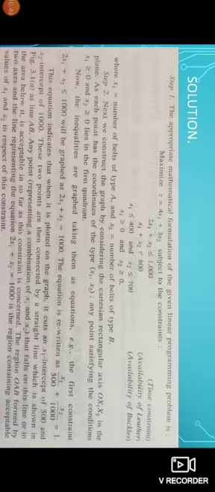Similarly, the second and third constraints. The second constraint is x1 plus x2 less than or equal to 800. In equality form, the solution is x1 plus x2 is equal to 800, so x1 is equal to 800 and x2 is equal to 800.